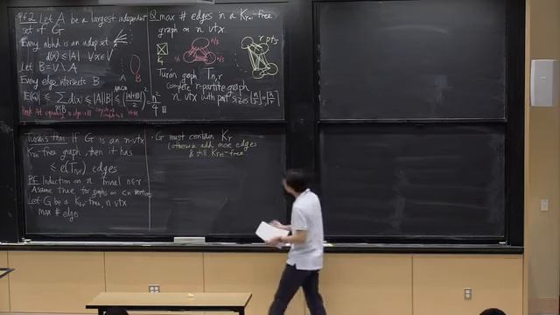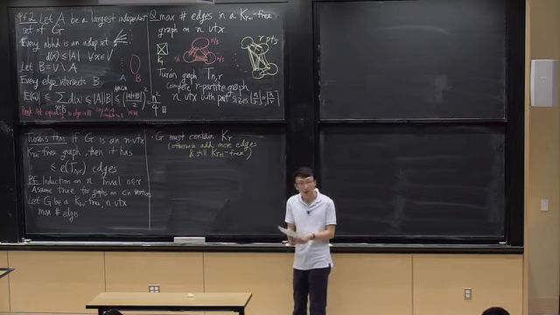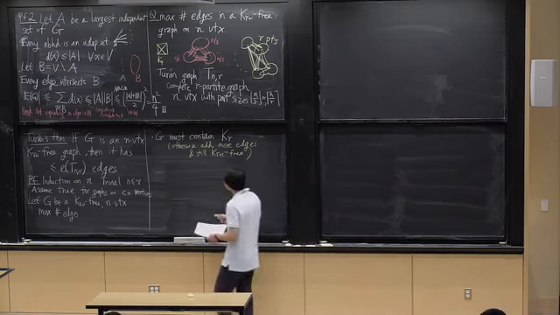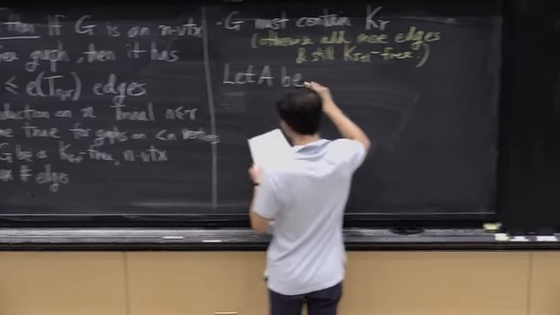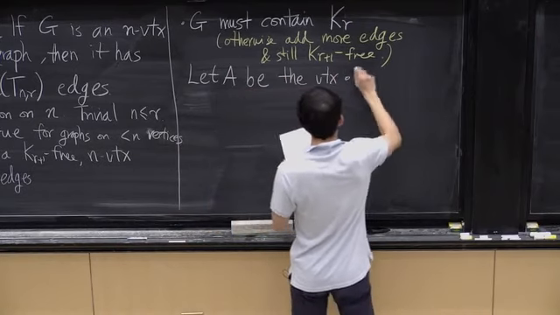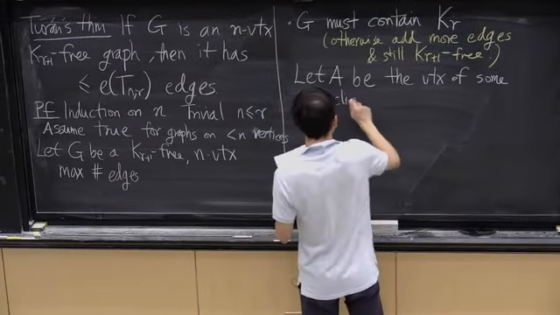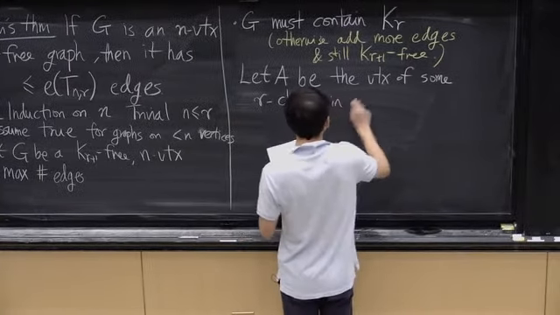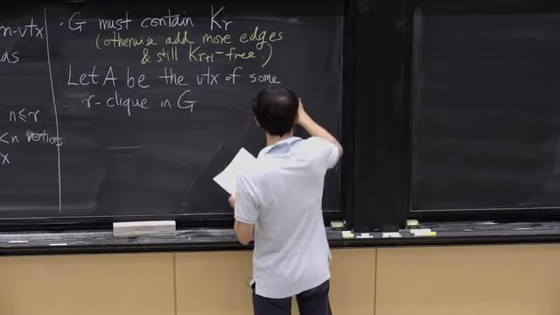So I can assume that G must contain a K_r. So let's look at one of these K_r's. So let A be the vertices of some r-clique in G. So we have some A.